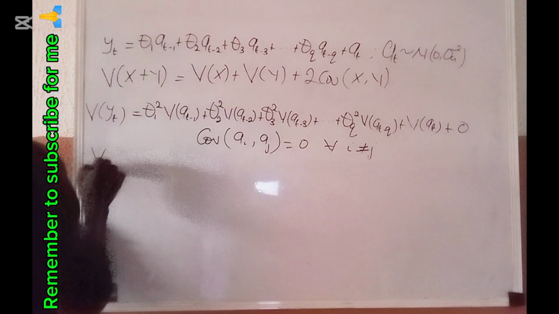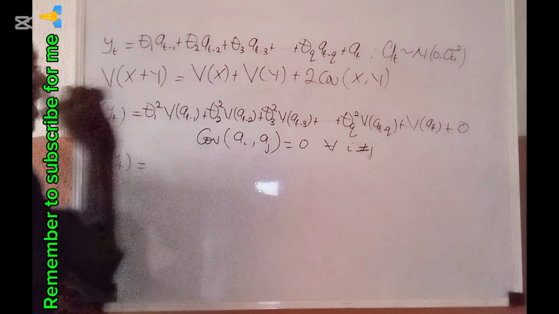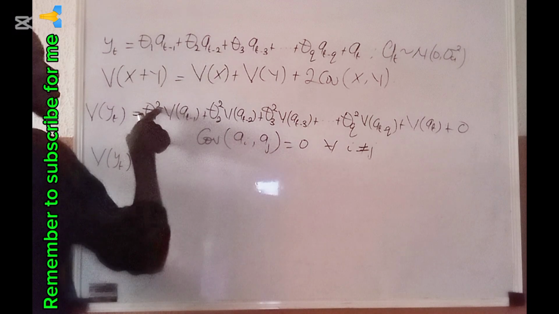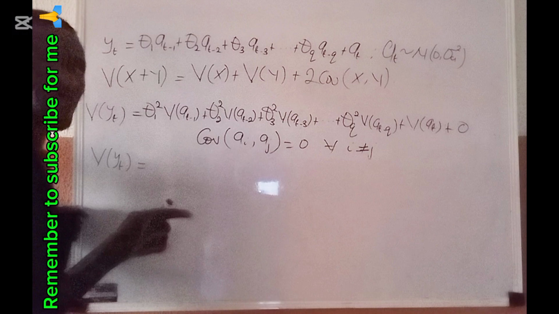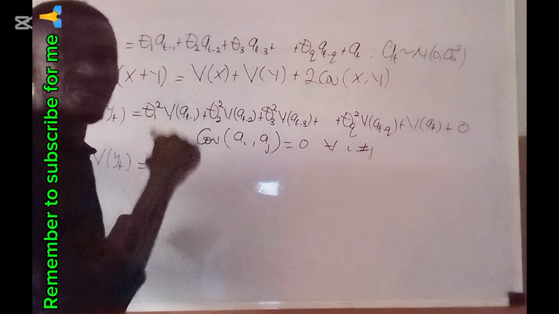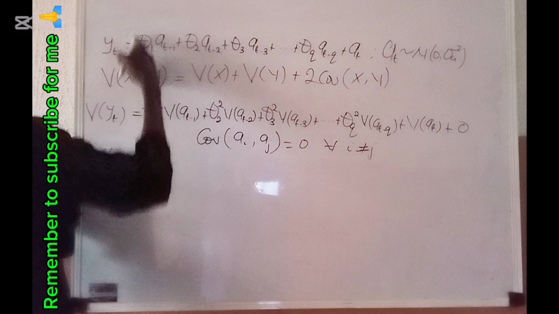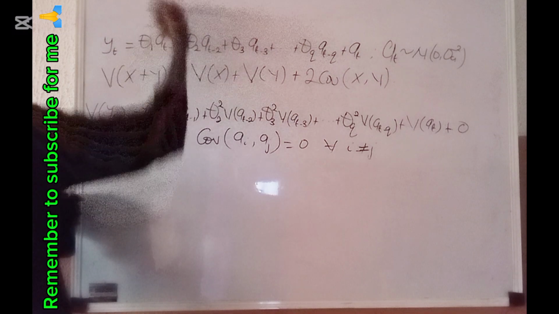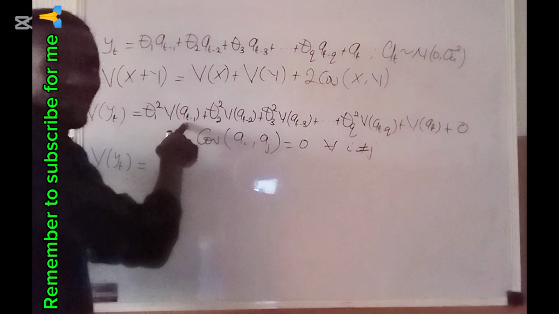What we have is now the variance of y of t. And I have to mention here that the reason why I have theta 1 squared is that the moment you are taking the variance of a constant, you square the constant and bring it outside the variance sign. So it is just like taking the variance of the whole of this, but squaring theta 1 and bringing it outside, and then taking the variance of that random variable.